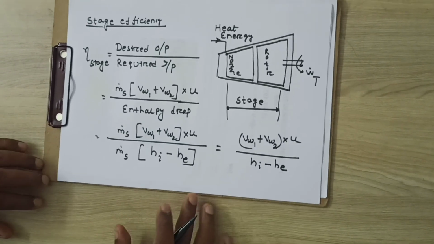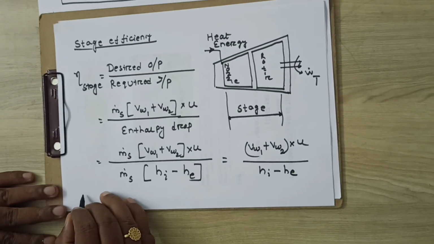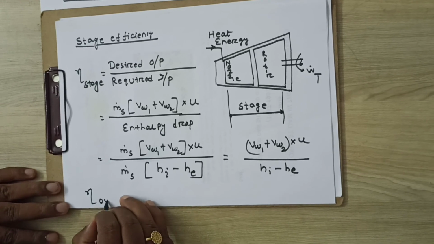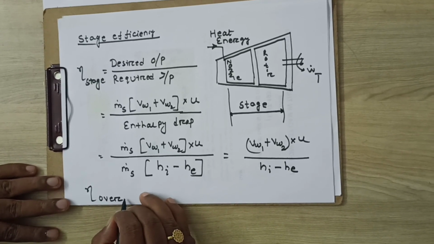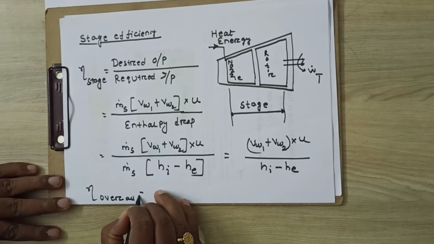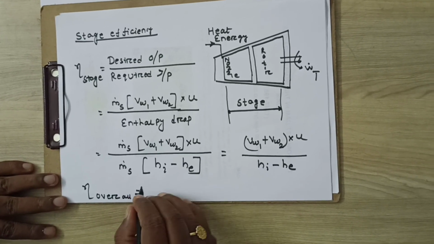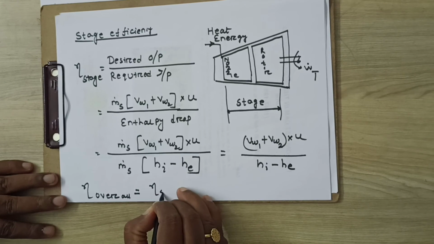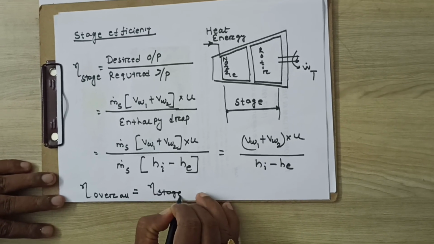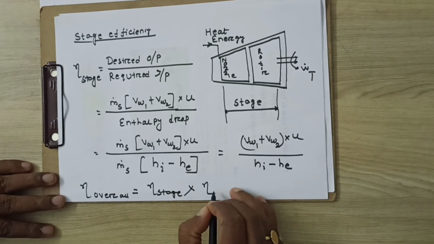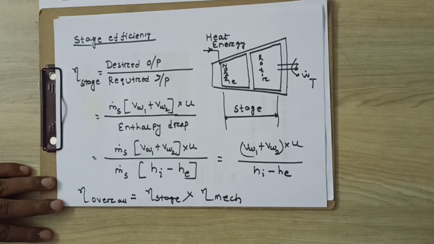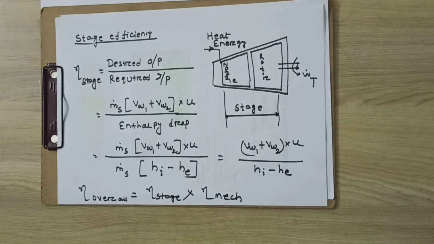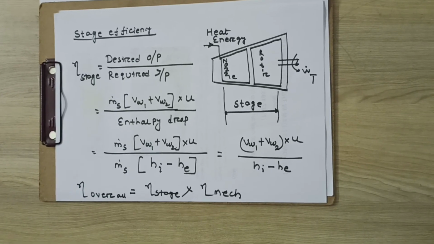Okay, then at the last we will go for eta overall. Eta overall is equal to stage efficiency into mechanical efficiency. Whenever we solve problems, we will see these applications.